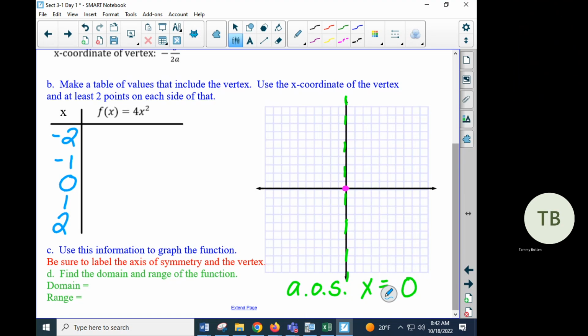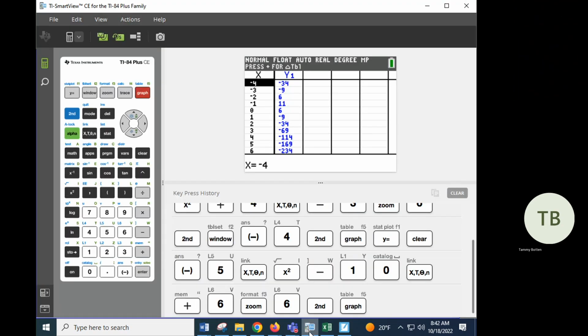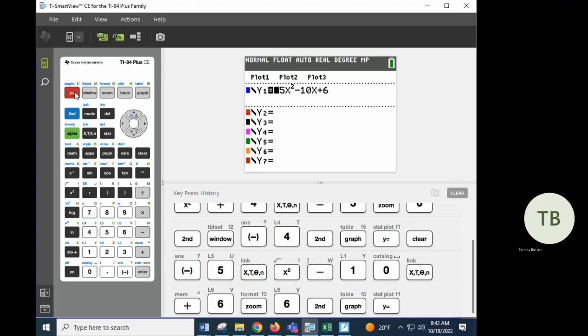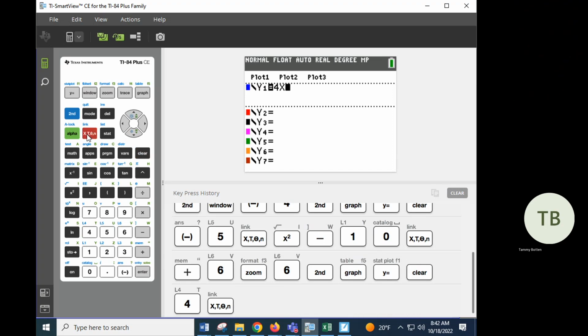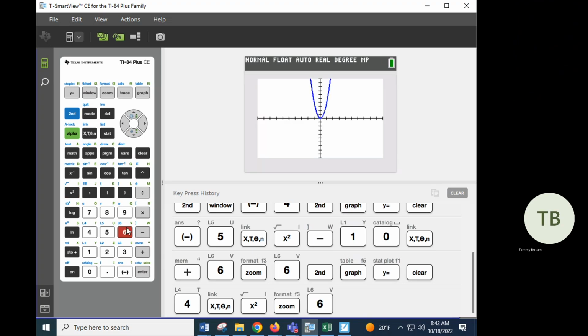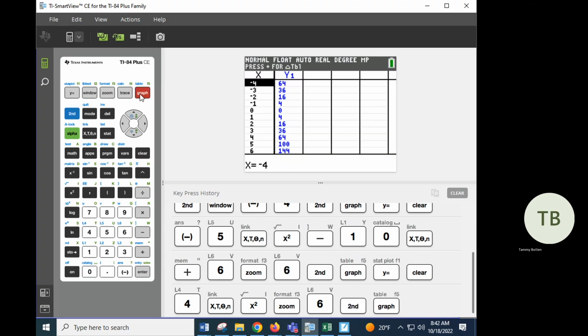So all I have to do is go to my graphing calculator, go to y equals, clear what we currently have there. And then we're going to enter 4x squared. If you want to look at the graph, you can always go zoom 6 and see it. And then if you want to get your table, you're going to go second graph, and we want our table.